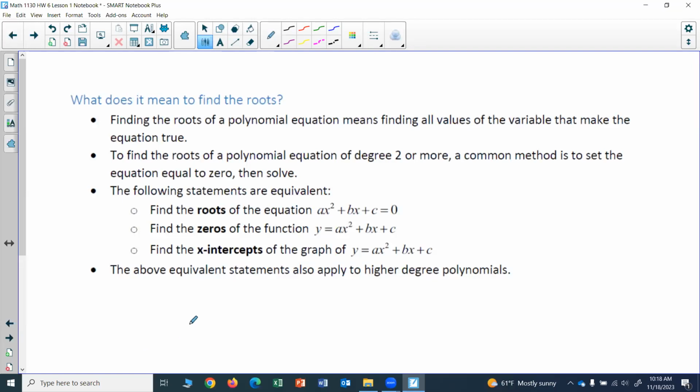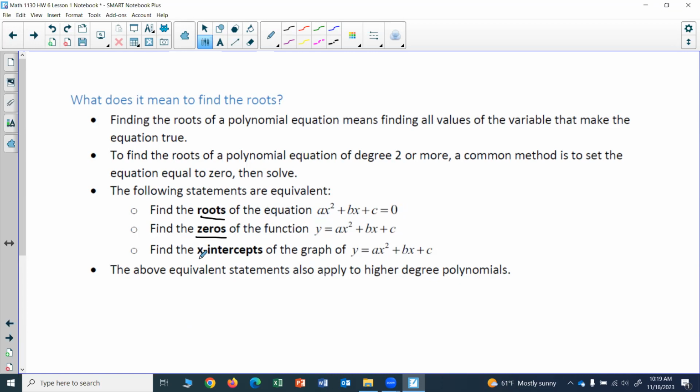The following statements are equivalent. Find the roots of the equation ax squared plus bx plus c equals 0. Find the zeros of the function y equals ax squared plus bx plus c. In that case, you would let y equal 0.